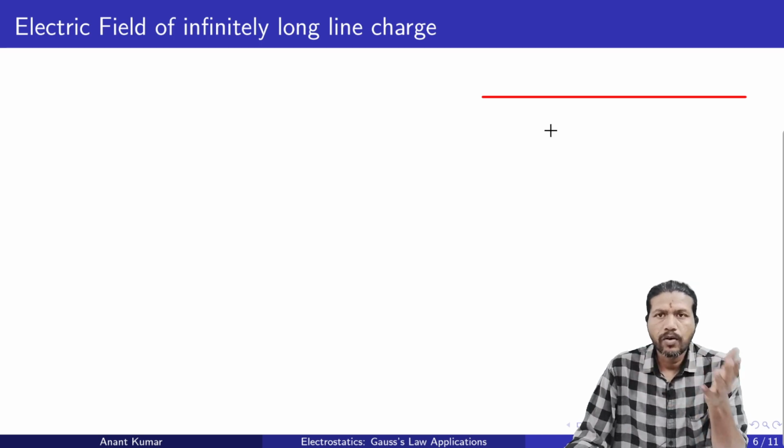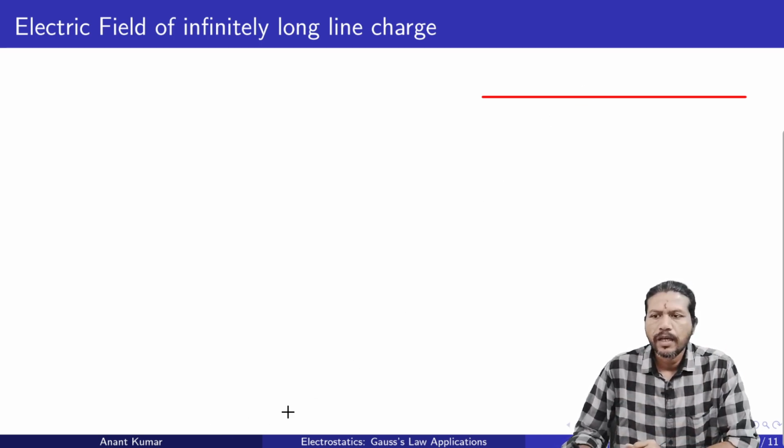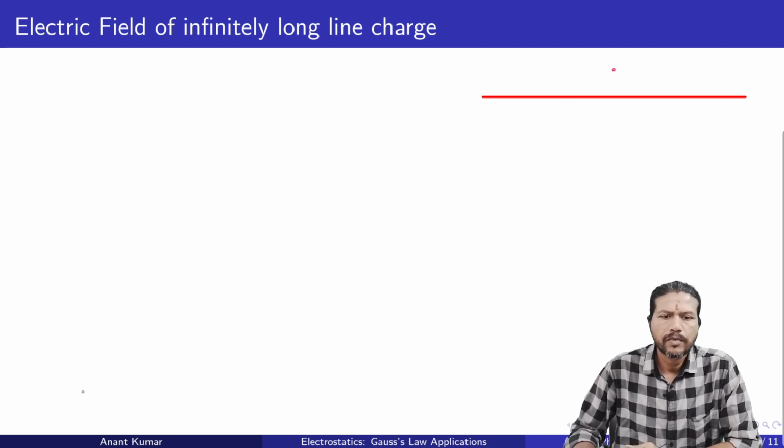This is infinitely long, I have drawn only a small part of it, and we are interested in finding the electric field of this long line charge at a point which is at a distance r from the line, like this. We shall assume that this line charge contains a charge per unit length lambda. This is the charge per unit length.